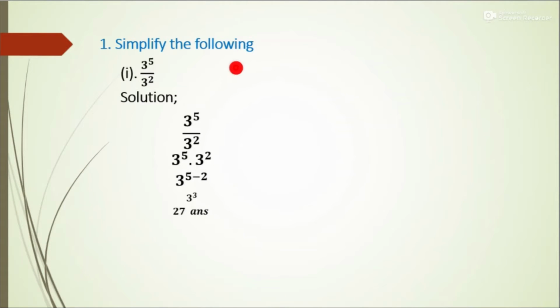Okay, question number 1, simplify the following. We can write 3 to the power 5 divided by 3 to the power 2. Now 3 to the power 5 stays the same. Now we will make the bases the same.